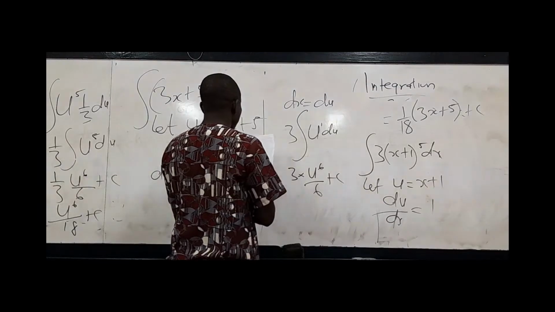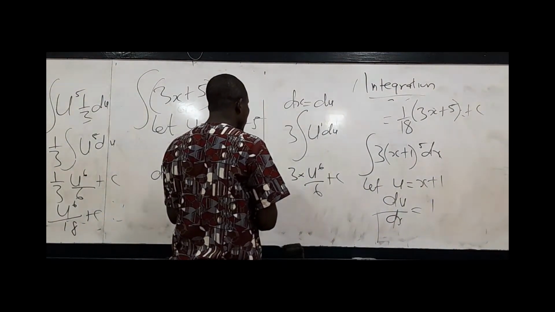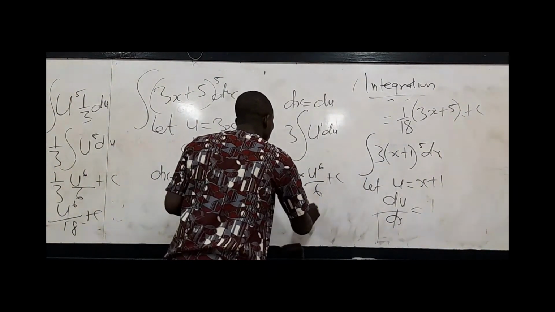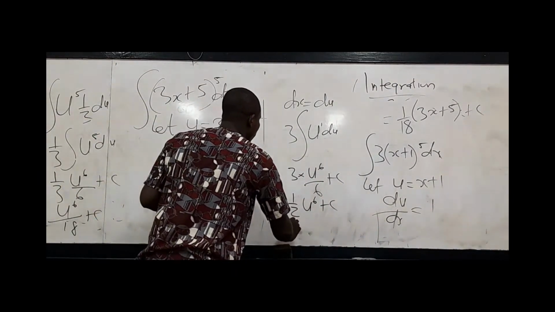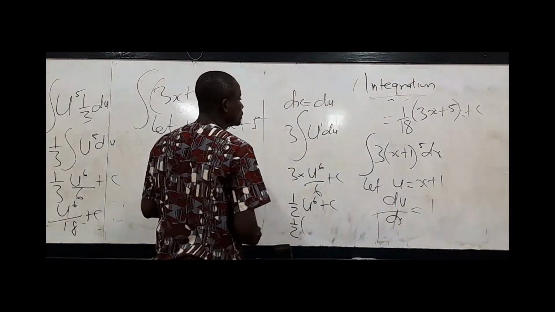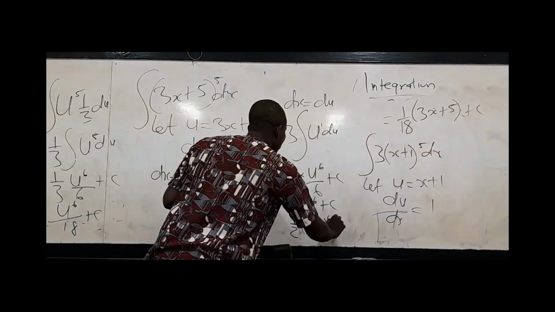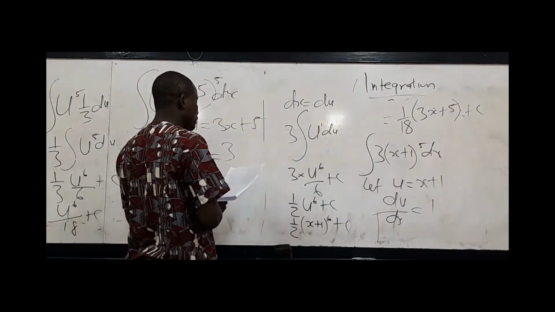Is that correct? I'm trying to go over to see if everything is all right. So this becomes 1 over 2 u to the 6 plus c. So here you have 1 over 2, and u is x plus 1, so it is (x plus 1) to the power 6 plus c. Yes, I think that is it.